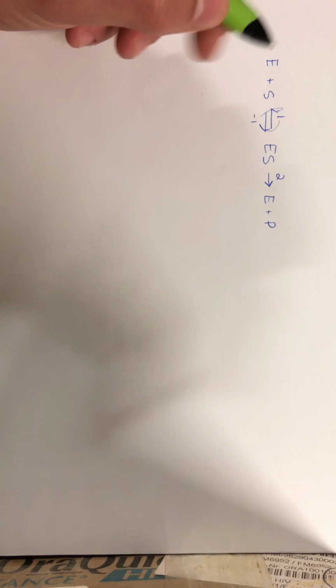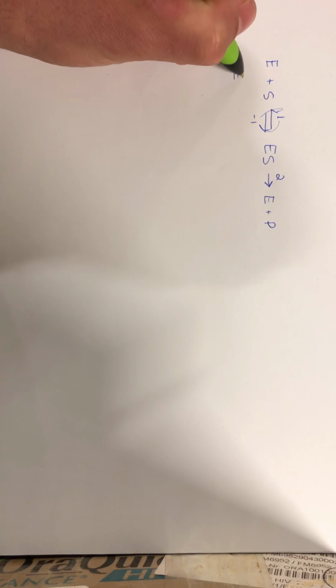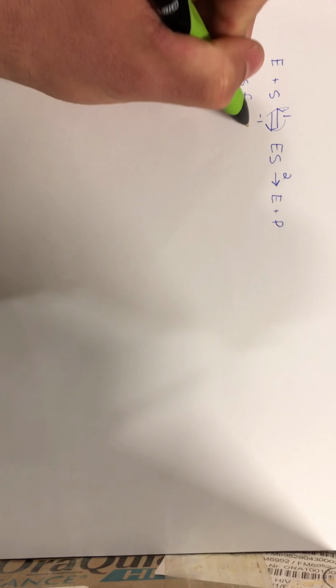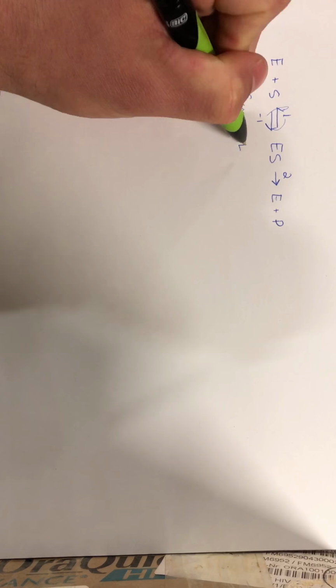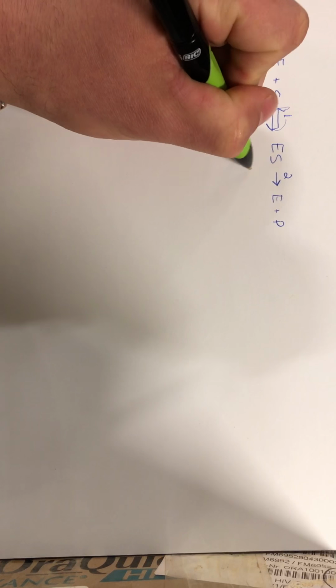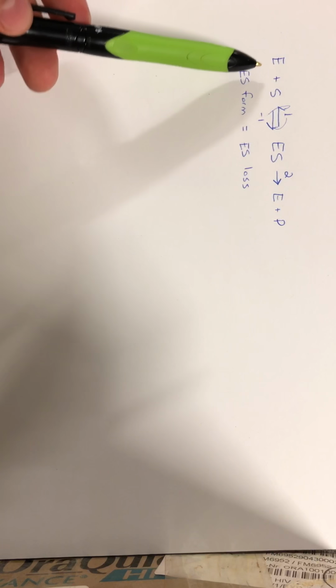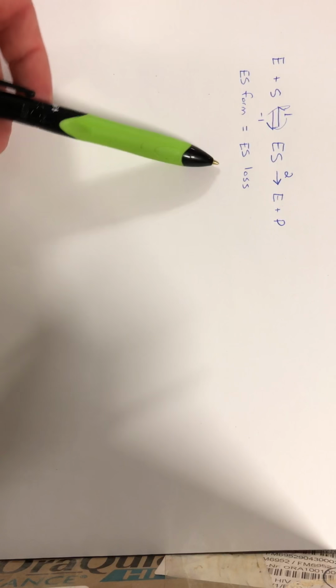So from this equation we can tell that ES, our enzyme substrate forming, is equal to enzyme substrate loss. With the forward and backward arrow you can see that these two are going to be exactly the same.